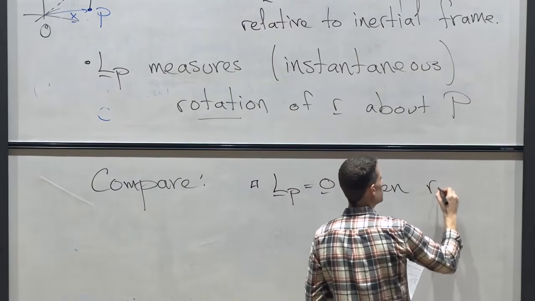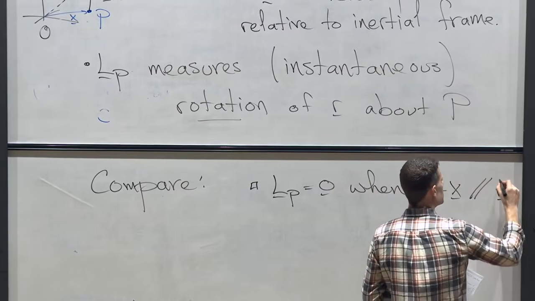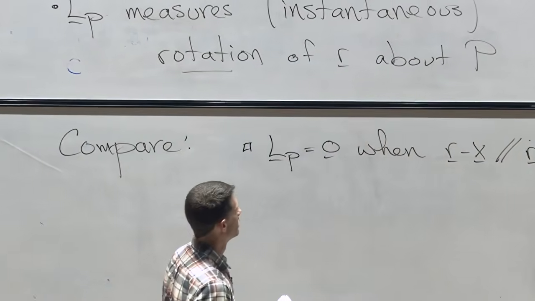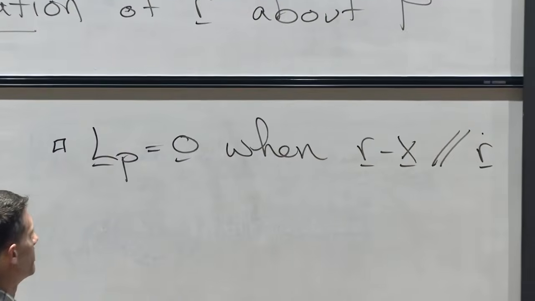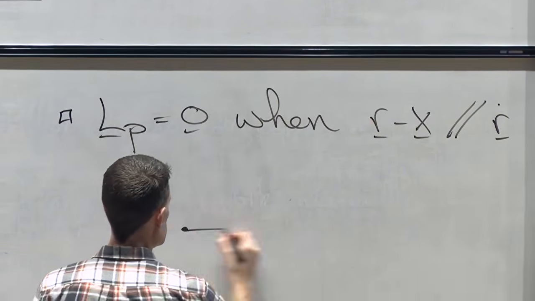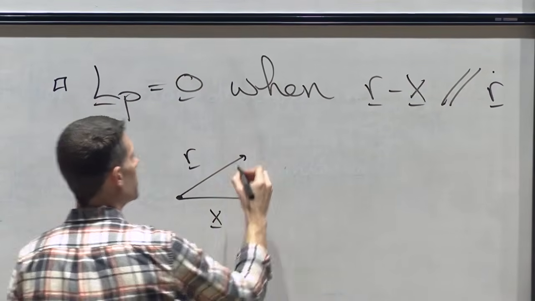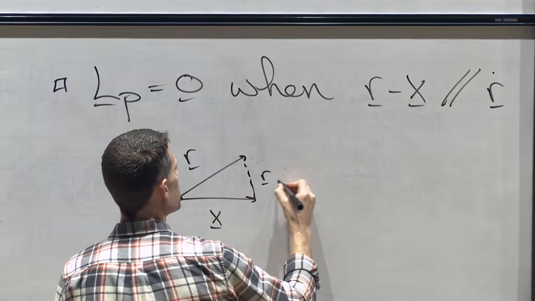So r minus x is parallel to r dot. So what does that mean? So here's x, here's r minus x.